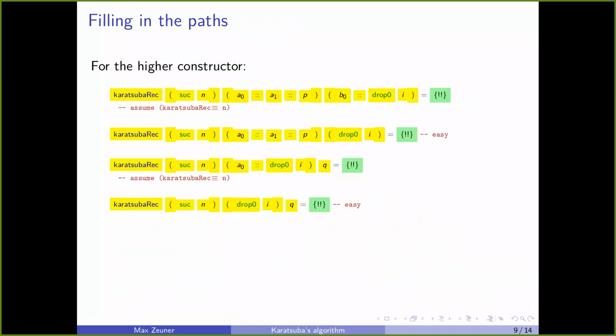It might be a bit small to read. I couldn't fit it otherwise. And if you program cubical algebra, you know, things get yellow very quickly when you have higher constructors. I don't want to go into detail what this is, but this is very hard to prove or to fill if you don't assume that you already have the correctly working algorithm in the other cases.